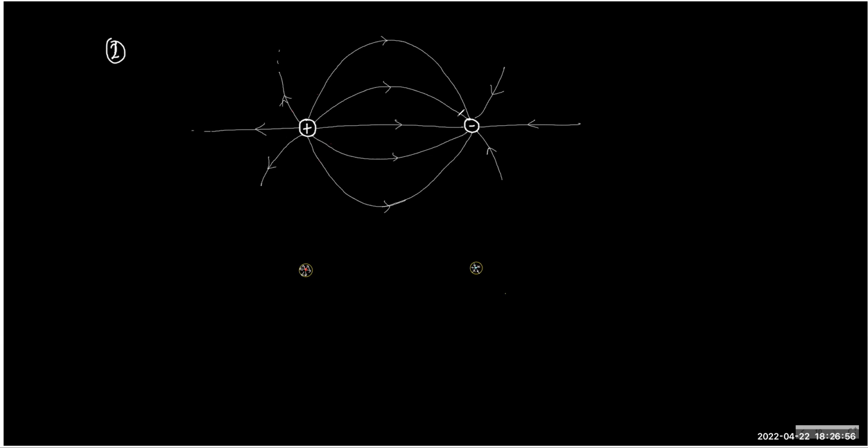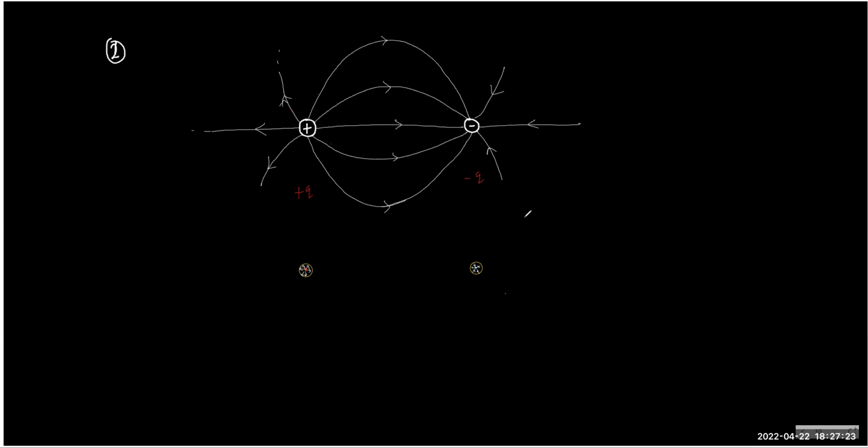So what I am saying is that if the number of field lines leaving the plus, which I'm drawing here, and the number of lines coming to the minus are equal in count, it means the charges are equal in magnitude. That is the whole idea. So if I call this plus q, this must be minus q.